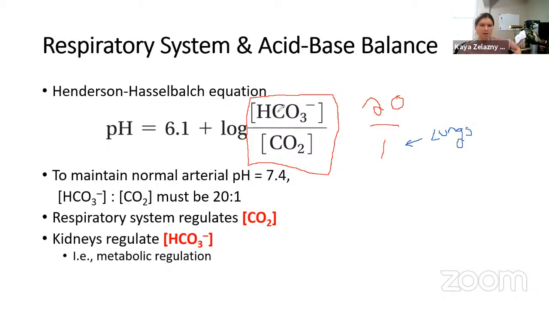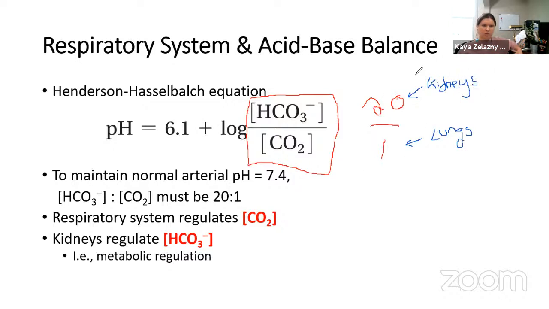And our kidneys are going to be regulating the top half of this ratio. So the kidneys are going to be regulating the bicarbonate. Anytime we see deviations from this ratio, we're going to register that as a problem, as a deviation from our acid-base balance.